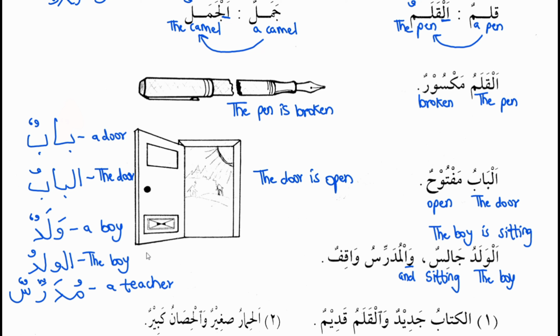To make it definite, we will add alif lam before it, so it will become al-mudarrisu. We have eliminated one of the dhamma from the dhammatain and kept just one dhamma on top from the tanween. So this is al-mudarrisu, meaning the teacher. Wa means and, al-mudarrisu means the teacher, and waqifun.